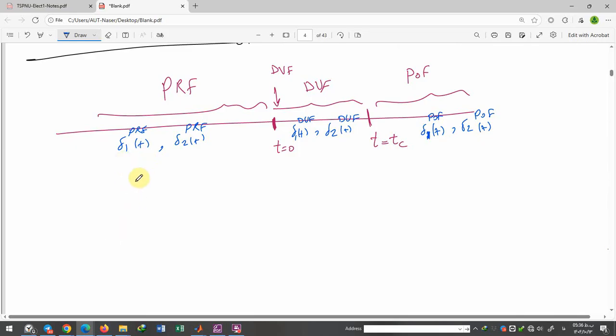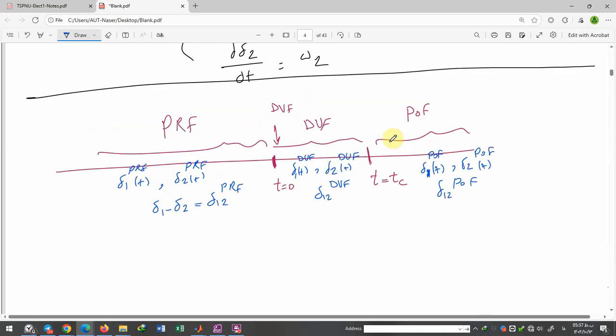The delta 1 and delta 2 are very important, but delta 1 minus delta 2 is even more important. That is called delta 12 in PRF. It shows the synchronism between generator number 1 and 2. Delta 12 in DOF is important, and delta 12 POF is important also.